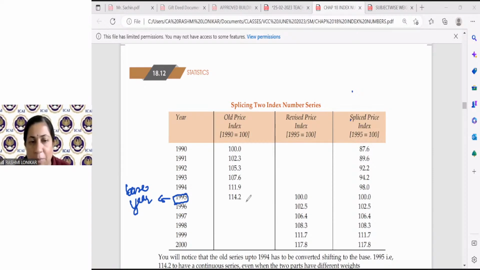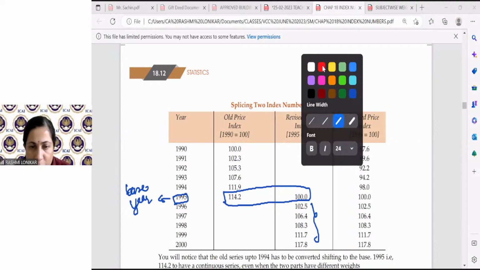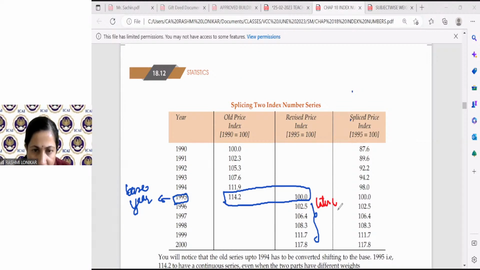So 114 became 100. Can you see that the later years have no change? 102 will remain 102. 106 remains 106.